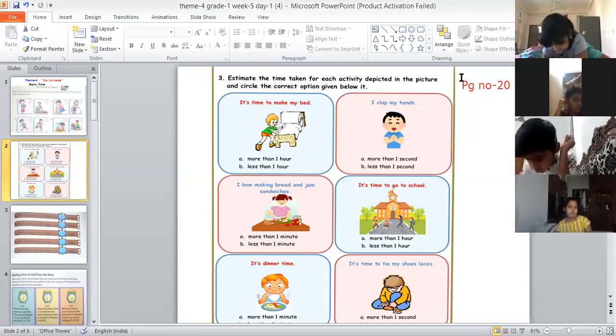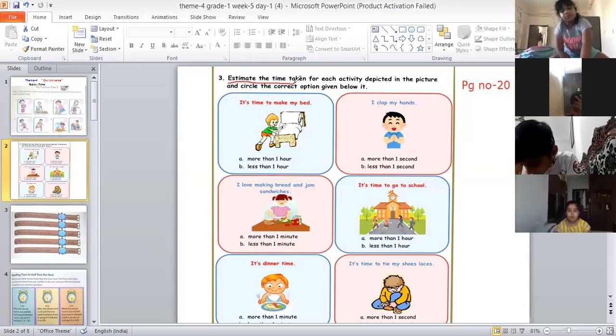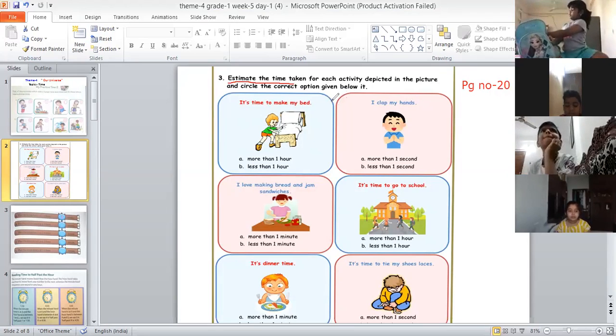Okay, so here you have to estimate the time. Estimate means you have to guess. Okay, you don't have to tell the exact time. You just have to guess the time, how much time you will take to do the certain activities which are given here. Okay.